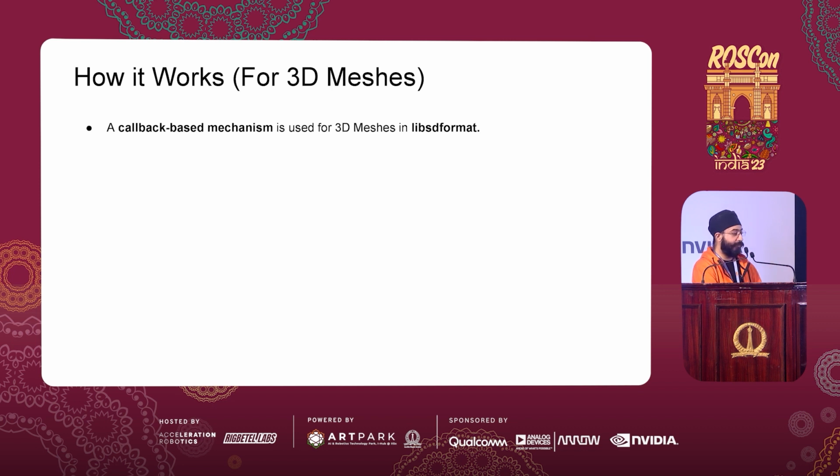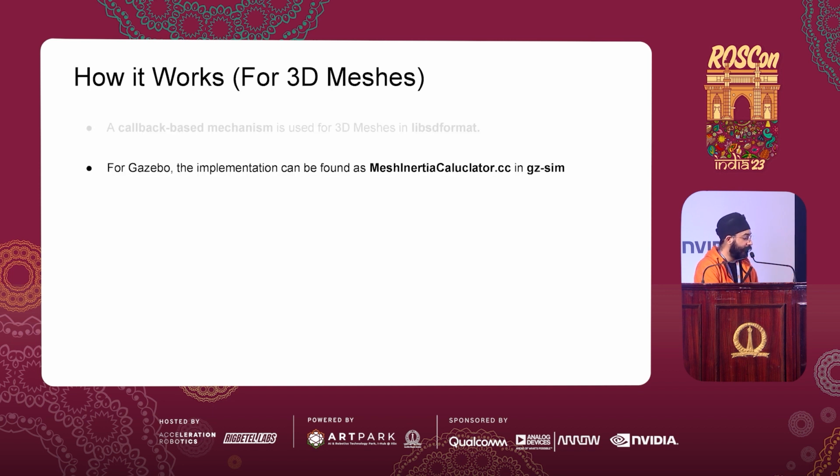So that's why we opted for a callback based mechanism where libSDFormat just calls a function with a given footprint, and that function could be inside any simulation platform being used with libSDFormat. For Gazebo, our implementation can be found in a mesh inertia calculator class inside the gz-sim repo.